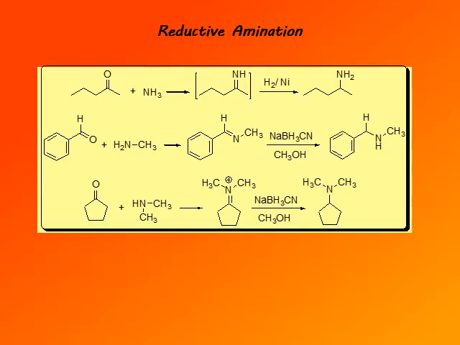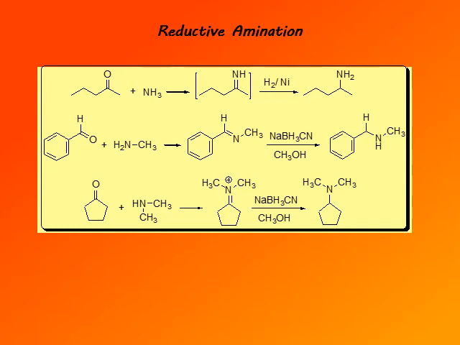And finally, we should look at reductive amination. Reductive amination is a sequence of two steps that is used to produce amines, to synthesize amines. Selective synthesis of primary, secondary, or tertiary amines is always a challenge.